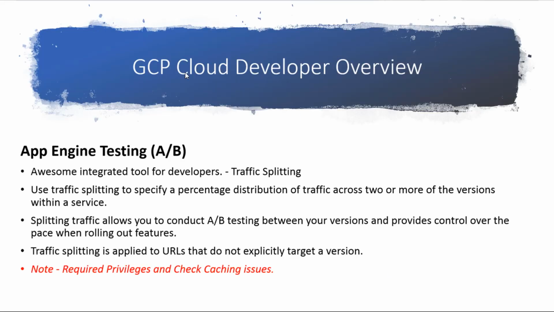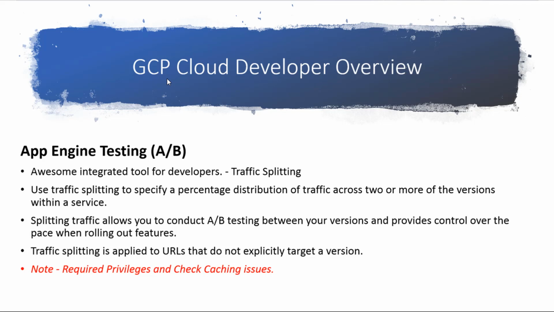Another common theme on the exam are the different types of testing and traffic handling, for that matter. A/B testing. We're going to be talking a lot more about different testing approaches that can be used throughout the objective coverage in this course.